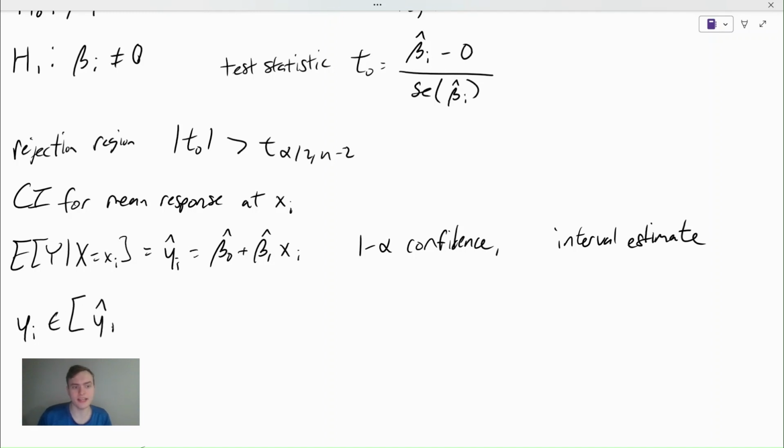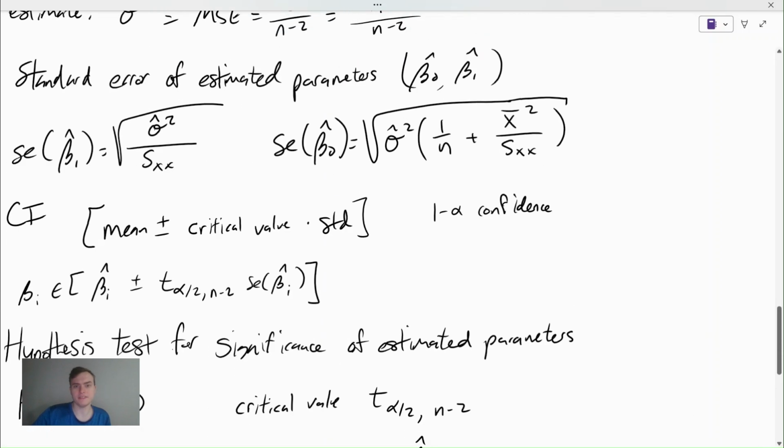It's going to be centered at y hat I plus or minus the critical value, which is the same, t alpha over 2 n minus 2. And then our standard deviation is a little different, but it's pretty similar to the interval for beta 0 hat. At beta 0, we have 1 over n plus x bar squared over sxx.